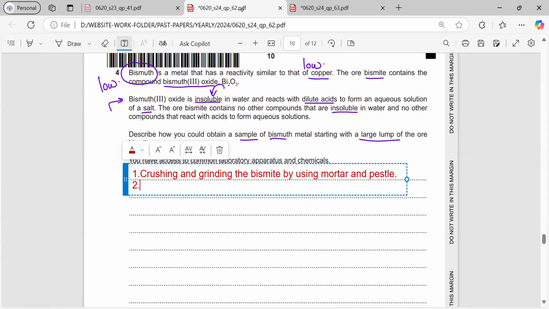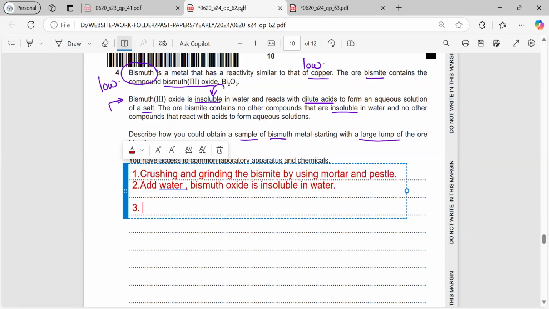Now, when we are done with crushing and grinding, we turn it into small pieces. Then after making it into small pieces, we will add water. Bismuth oxide is insoluble in water.